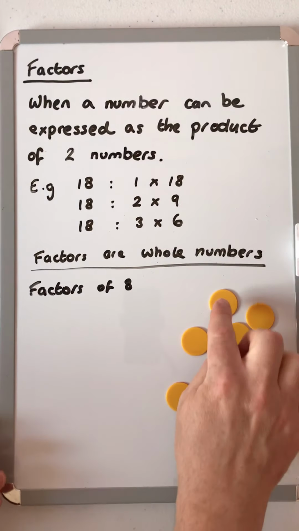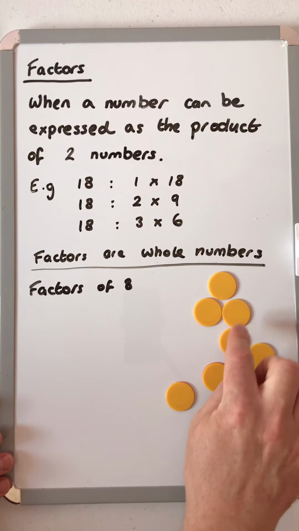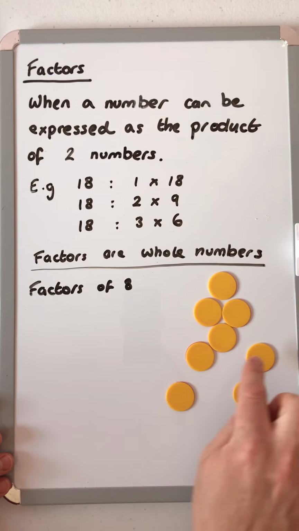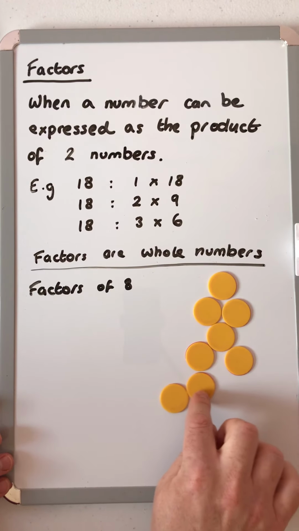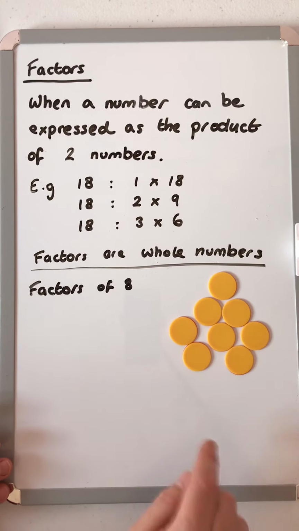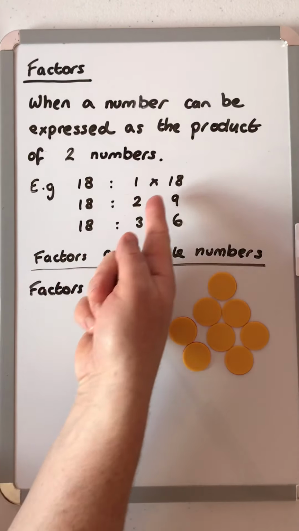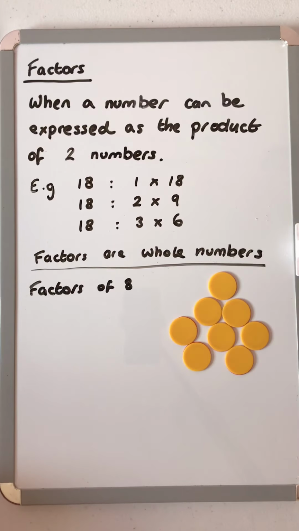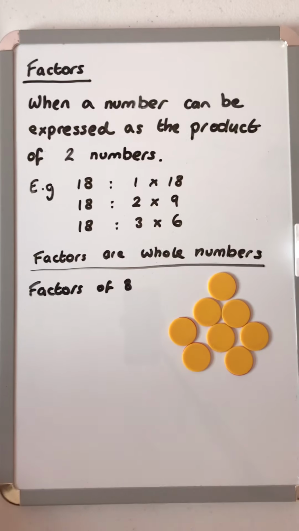We can do anything we like with them. We could make some patterns with them. How does that help us with this? Well, playing about with them is very key to you getting used to using concrete resources.